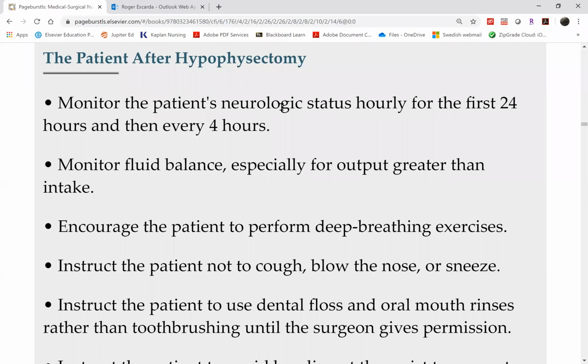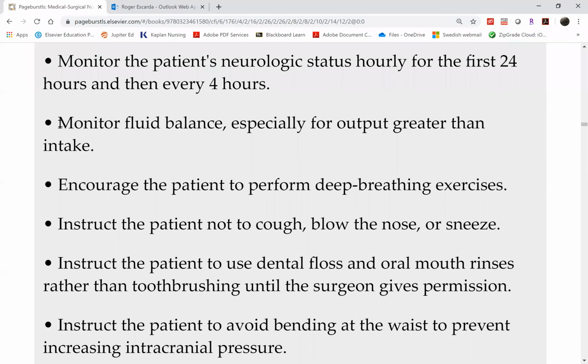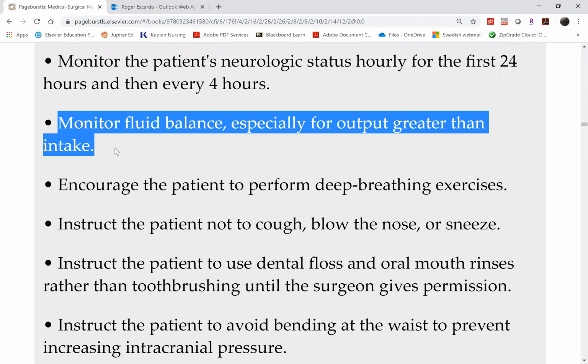So post-op, just like any other brain surgery patient, you perform neurochecks. And what are you looking for here? We talked about this again earlier this evening. That's cerebral edema? No, the output with intake. What's the patient developing post-op?